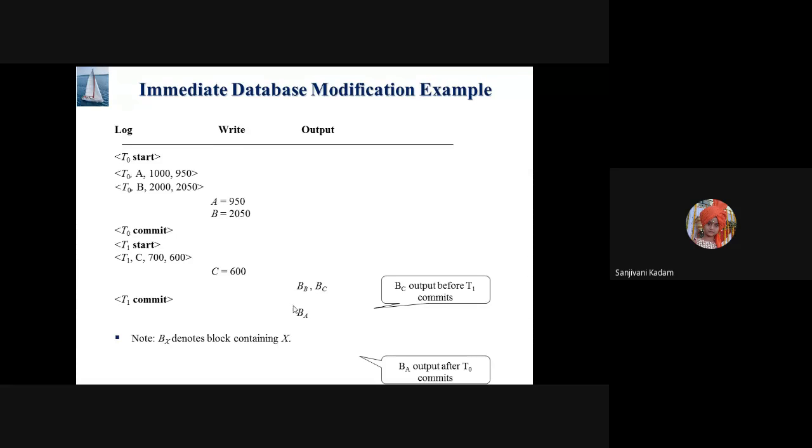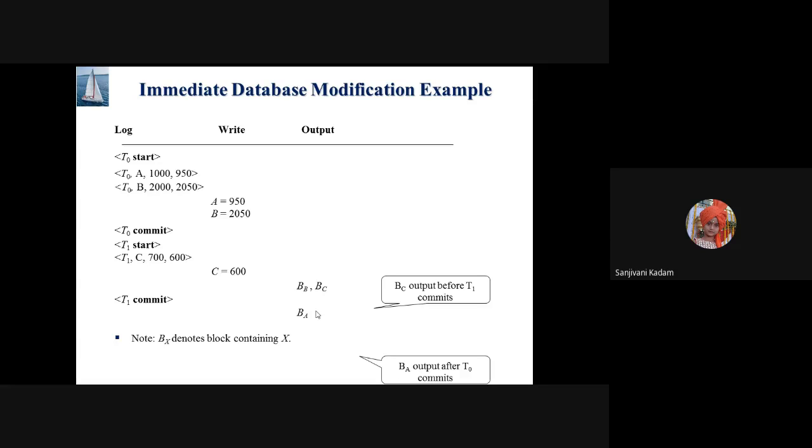And then here the output operation is there. Output means that wherever my data item B is, that block will be written to the disk. Wherever my data item C is, that block is also written to the disk. And later, the block containing data item A is written to the disk.